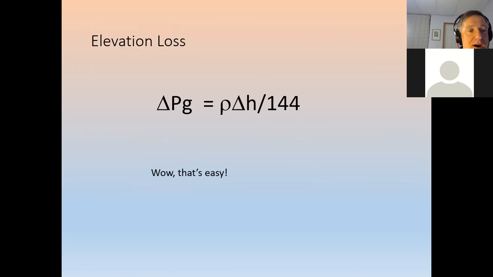Maybe we can go over this sometime if people are interested, because it's so easy. It's really neat. It makes sense. Density is the weight of the water, and it affects the pressure. If I lift up air 10 feet, that doesn't have as much energy as water. So this is the pressure drop caused by lifting water up.